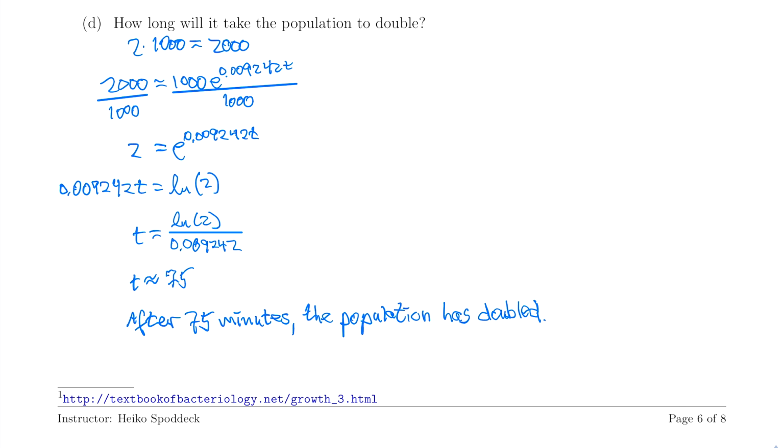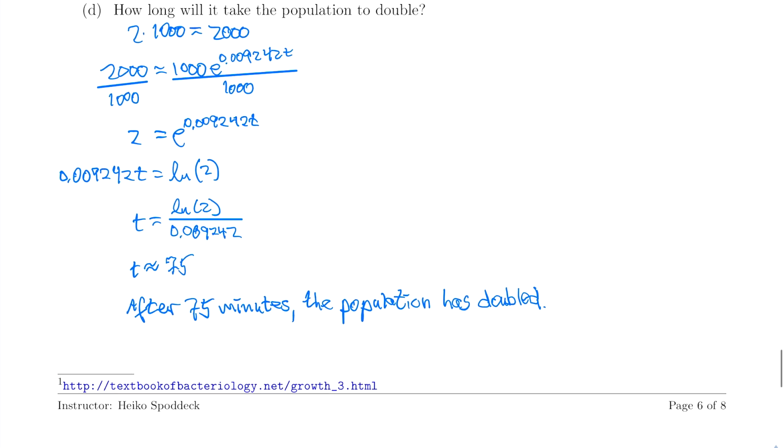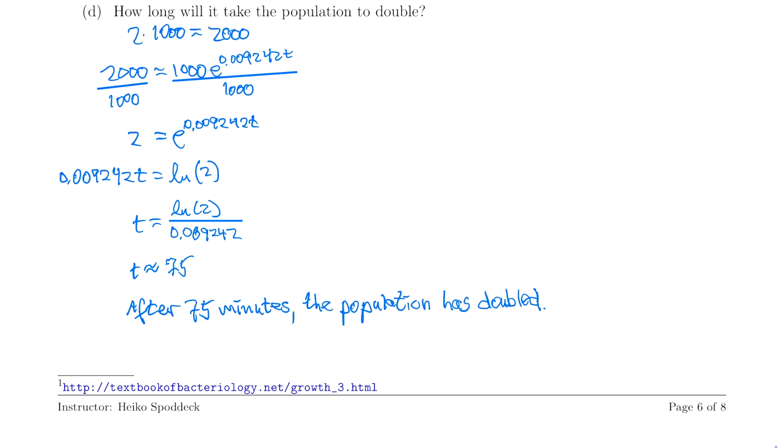If you have 1,000, it takes 75 minutes to get to 2,000. Again, that's the power of the exponential function: no matter how big the number is, every time it doubles or grows by a certain factor, it takes the same length of time.